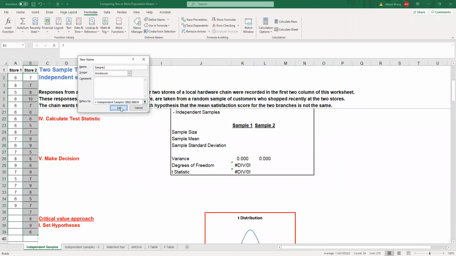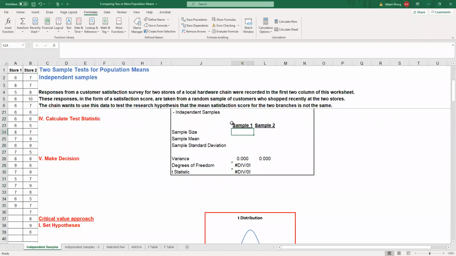Once that is done, we can use Excel to calculate the sample size, the sample mean, and the sample standard deviation. A lot of times, these 3 statistics for each sample are already given to us, so we don't have to do that.